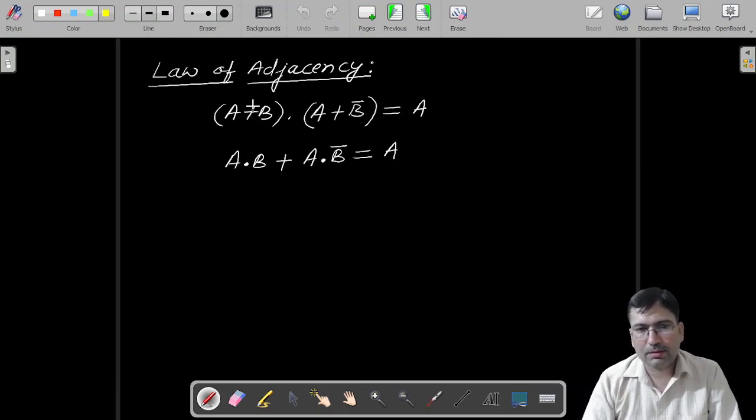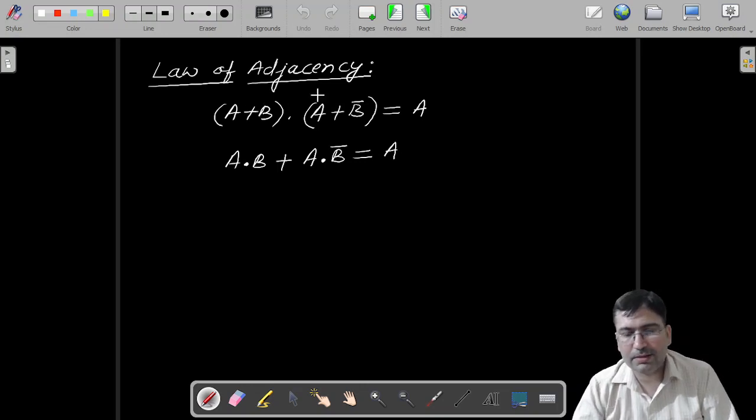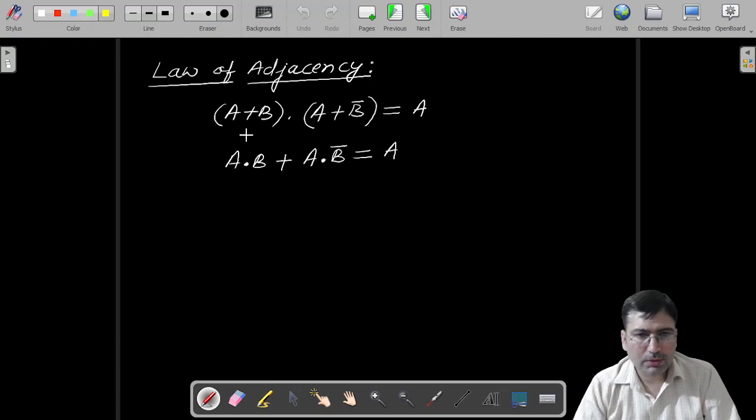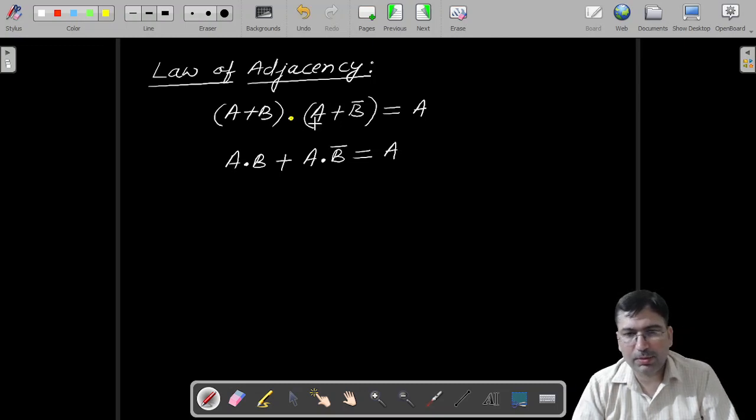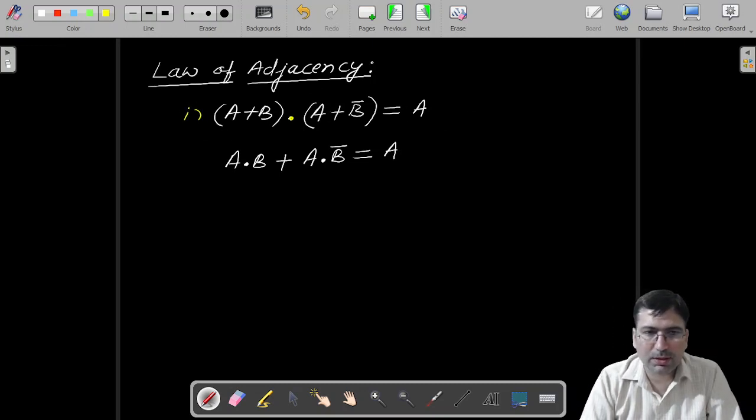The next law is known as the adjacency law. In this law, let's say if (A or B) is written along with an AND operation with (A or B bar), this thing can be written as A only. This is the first part of the adjacency law.